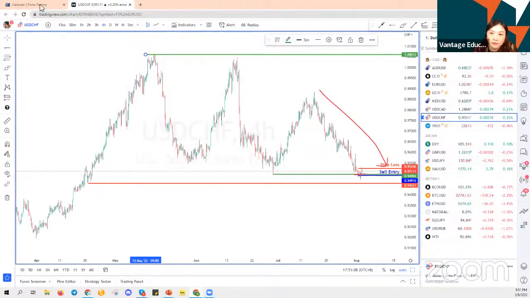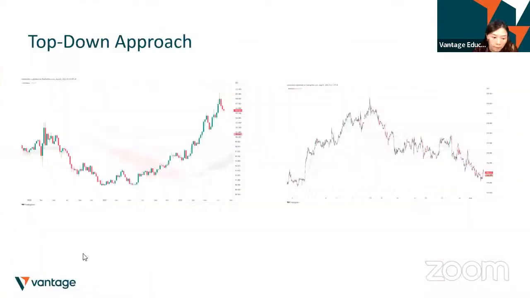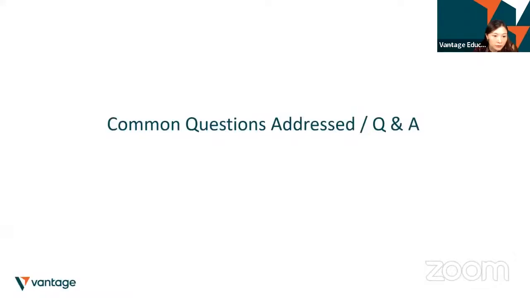Maybe I will cover the last part of my slides. Some common questions that I have noticed would be how many time frames I should be looking at to confirm my trade positions. In my opinion, looking at 2 to 3 time frames would be good enough, because if you are looking at 4, there will be too much information and it's going to be overwhelming.